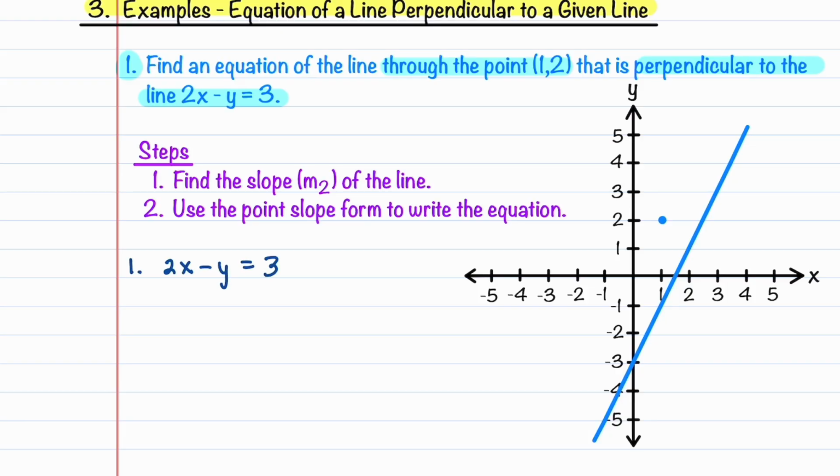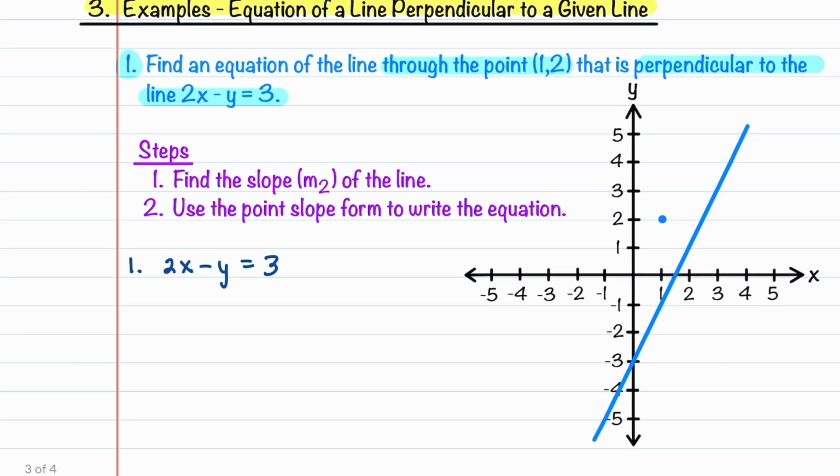We want to find the slope, so let's get y on the left and everything else on the right. This gives us -y = -2x + 3, and then we'll divide by -1, and we have y = 2x - 3. So that tells us that the slope of our line, we're going to call it m1, is equal to 2.